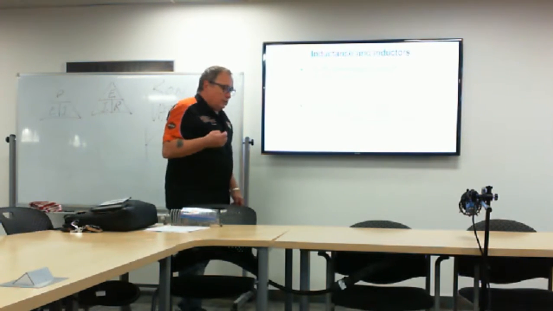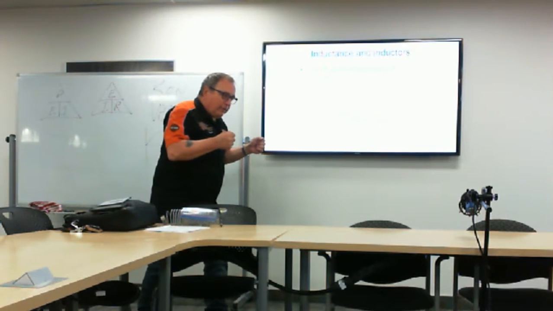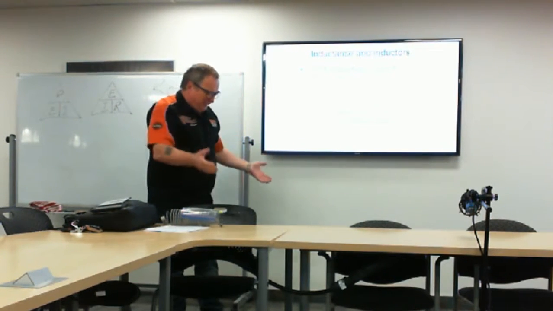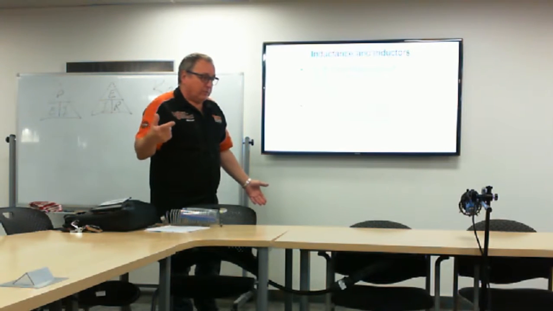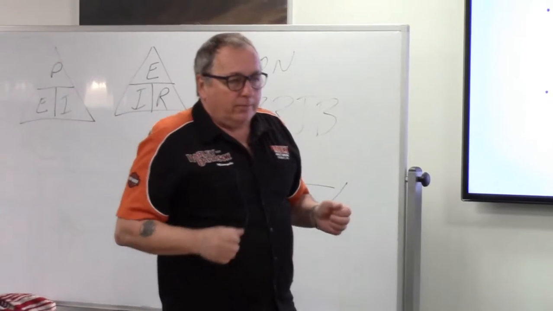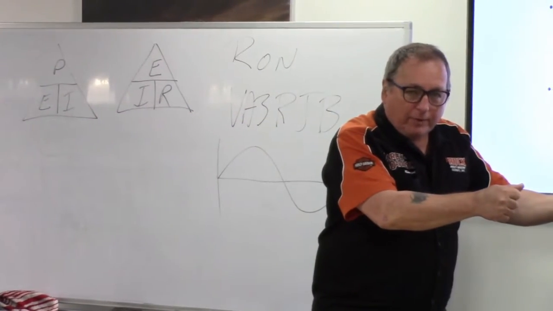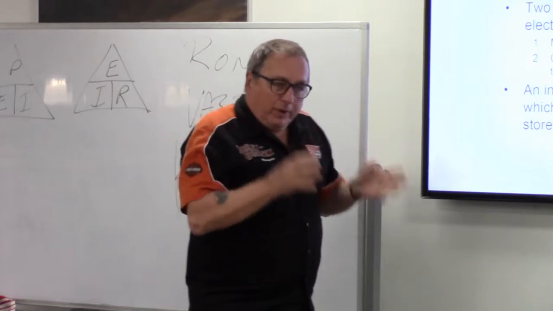The other thing is a magnetic field also tries to stop the current. I have brain damage, so I will skip on my words sometimes. The magnetic field is created by the moving electrons, but that magnetic field is also going to repulse the electrons, making it hard for them to go.